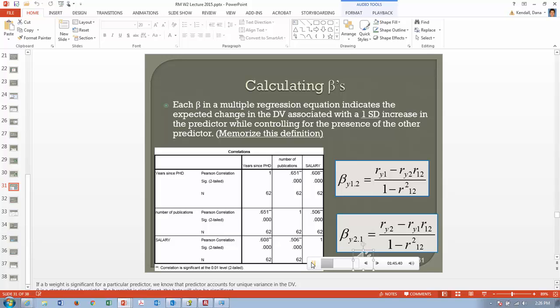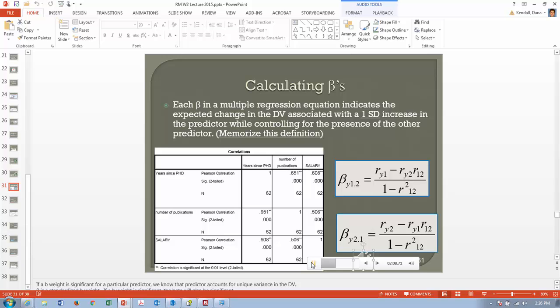And so in the numerator, first we have RY1, which is the correlation between the DV and predictor 1. So that would be salary and year since PhD, and that looks like 0.608. Then we have minus a product term. We have RY2, which is the correlation between salary and predictor 2, which is 0.506.